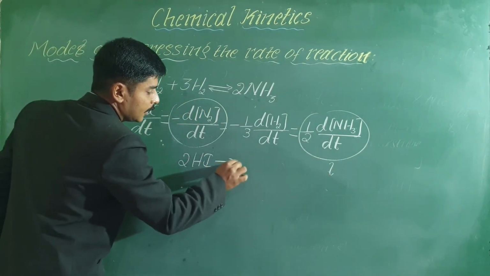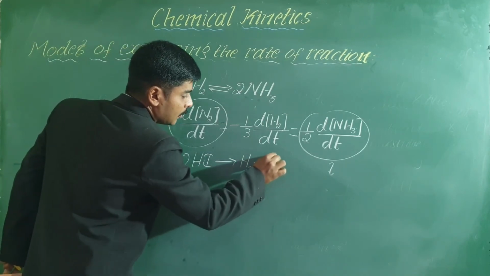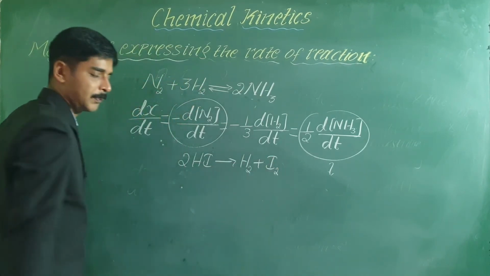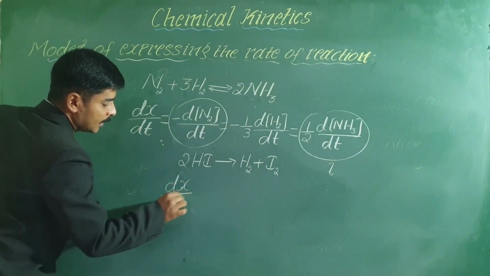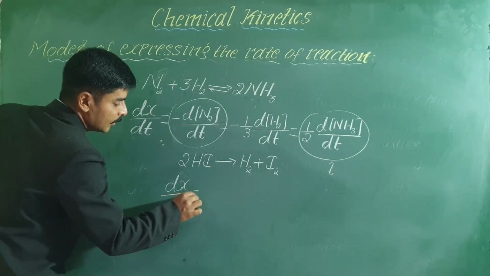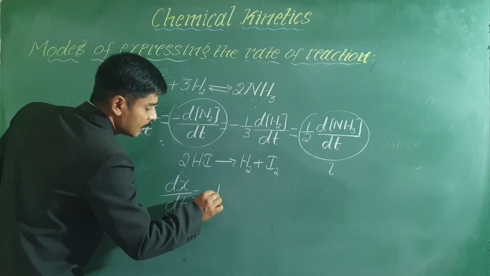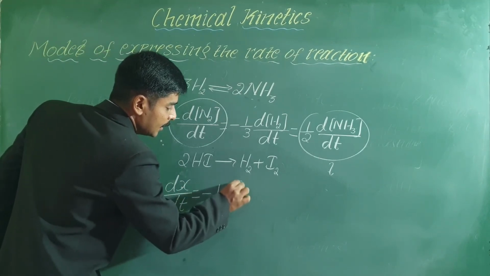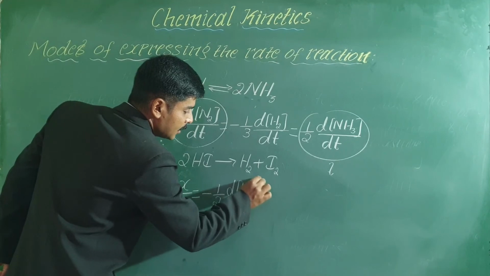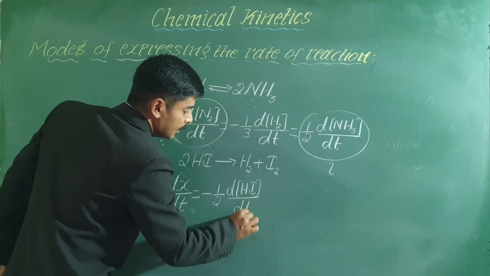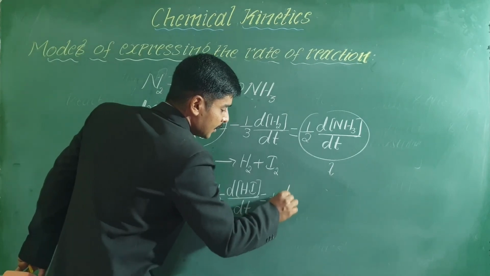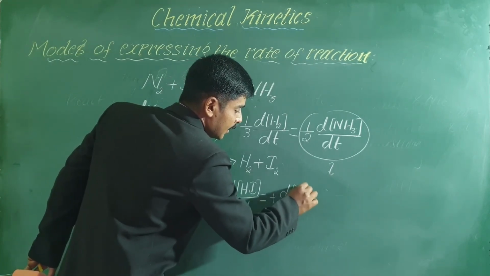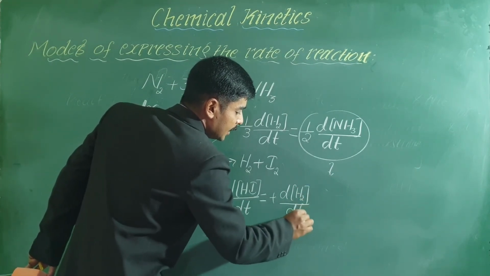2HI gives H2 plus I2. How will you write the rate of this reaction? That is dx by dt is equal to minus 1 by 2 dHI by dt. This is equal to plus dH2 by dt.